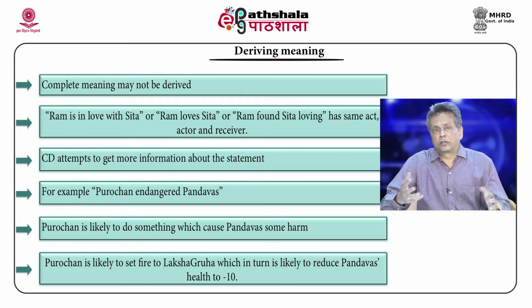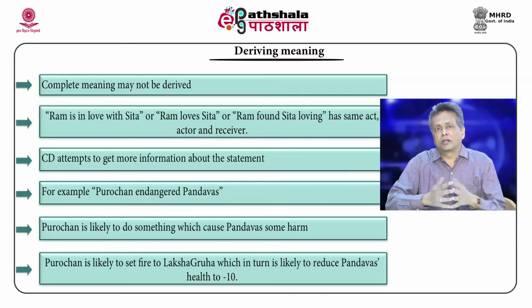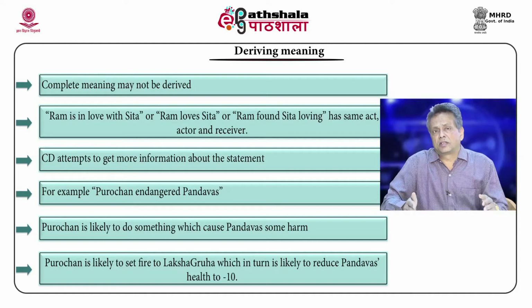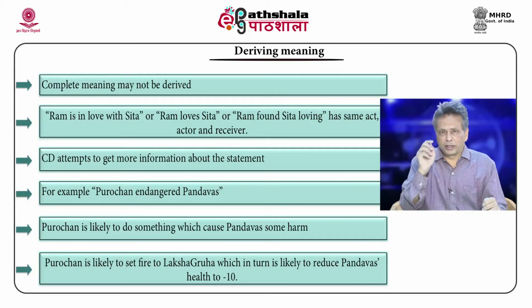So the word love is used in many forms, but basically the essence of these statements is that Ram loves Sita. So multiple statements like Ram loves Sita, Ram found Sita loving, and so on can be represented using a single statement. The essence is picked up and used.